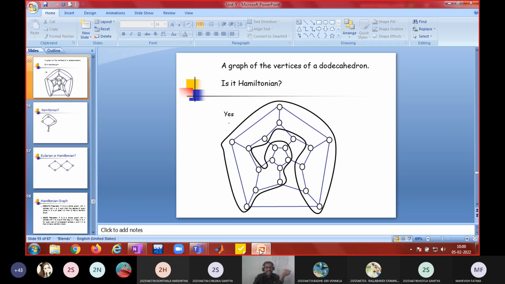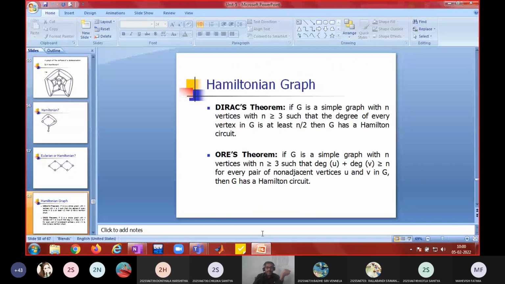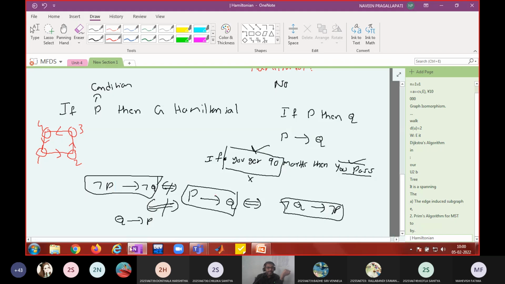This condition is not satisfied, but still it is Hamiltonian. That's why I am telling you this is only a sufficient condition, but not a necessary condition.